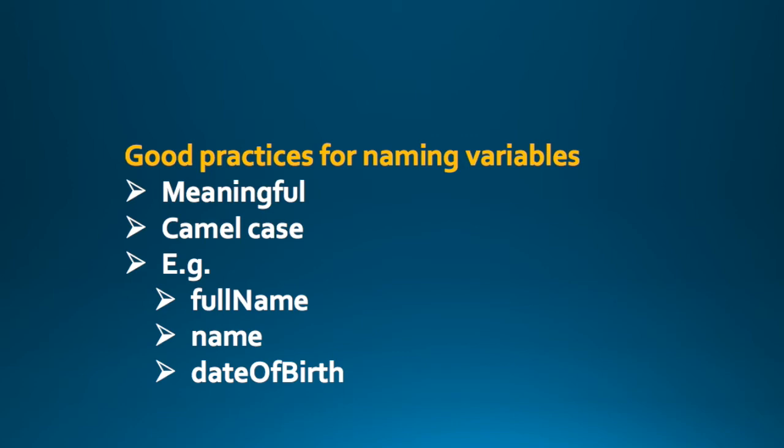The name of the variable should denote what it stands for or what its purpose is. And second, we saw camel case, which is the standard way of naming variables, like we can see here: full name, name, date of birth.